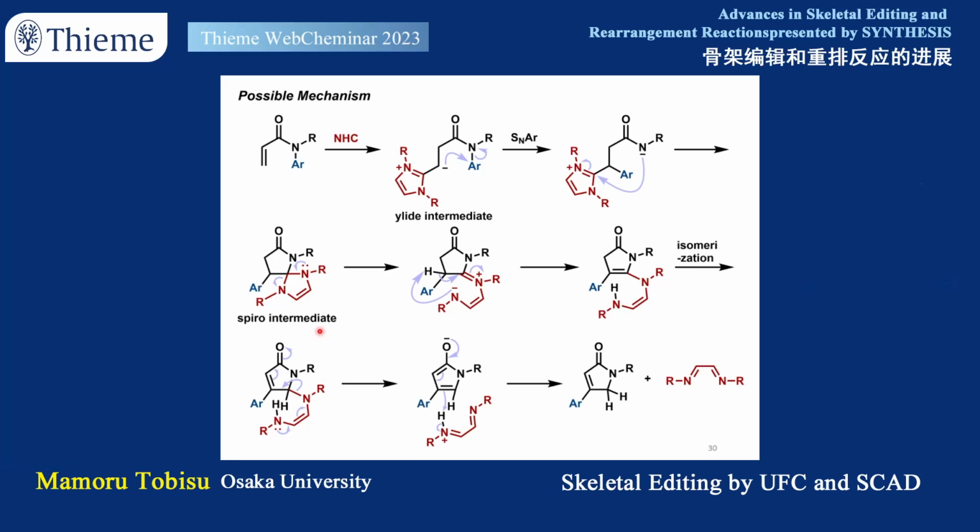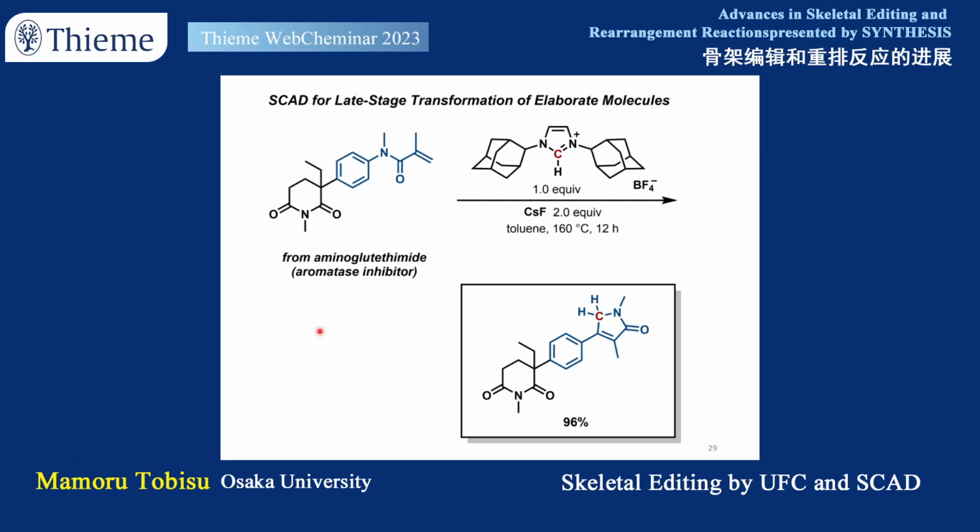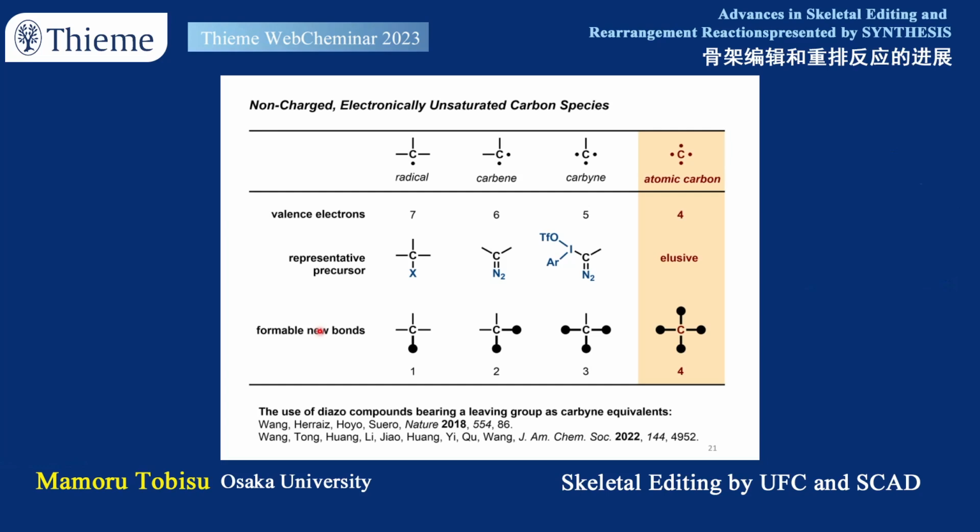We're waiting for the next question, I think. So I see the next question in the chat right now. In UFC, did you also observe the rearrangement of the isocyanate intermediate to the corresponding carbamide or amide intermediate? So I couldn't understand the meaning of the question. So in the UFC reaction? Yeah. Did you also observe the rearrangement of the isocyanate intermediate to the corresponding amide?